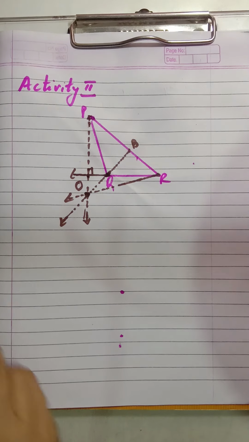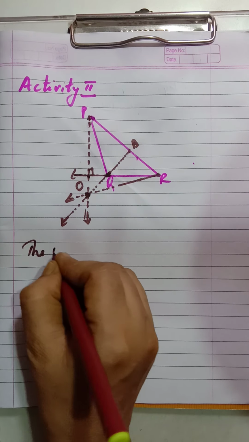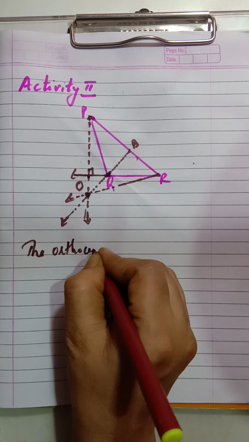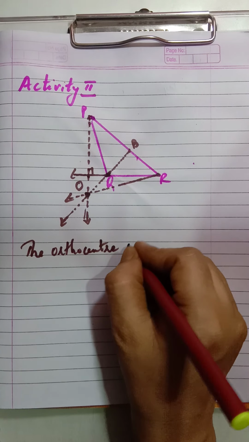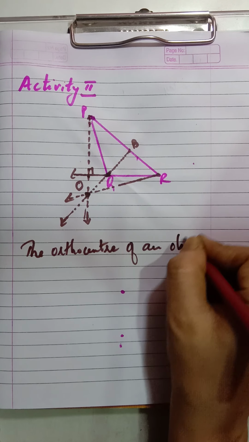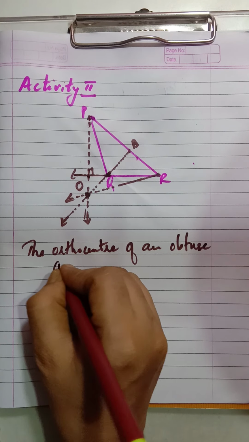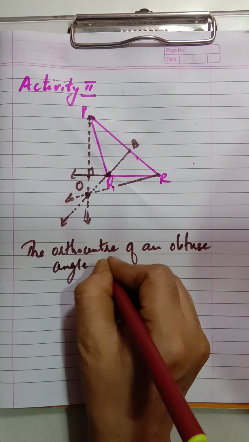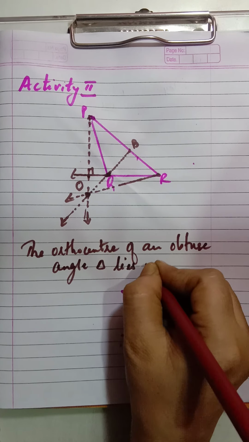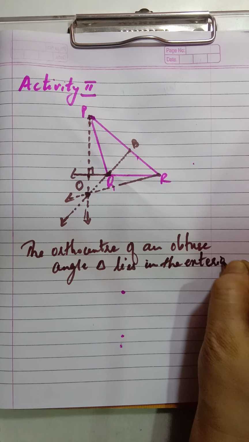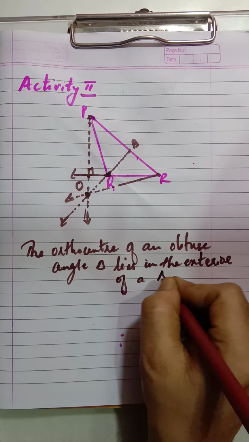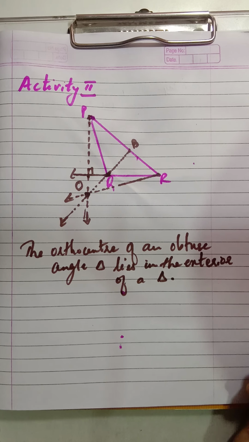Now we can write that the orthocenter of an obtuse angle triangle lies in the exterior of a triangle.